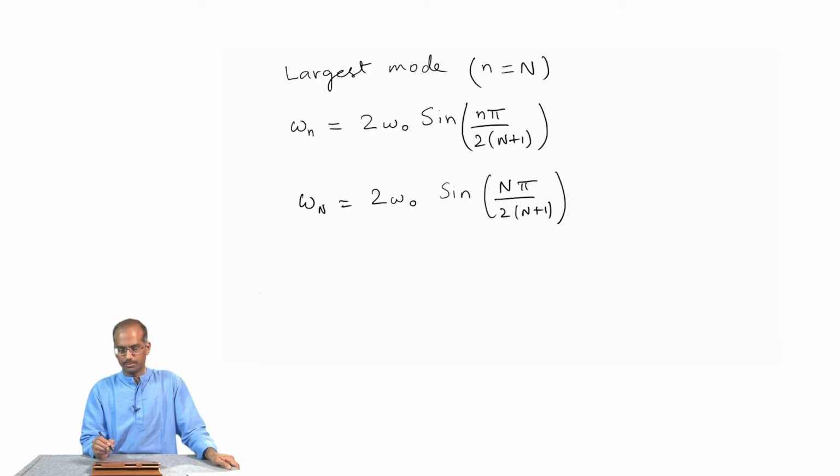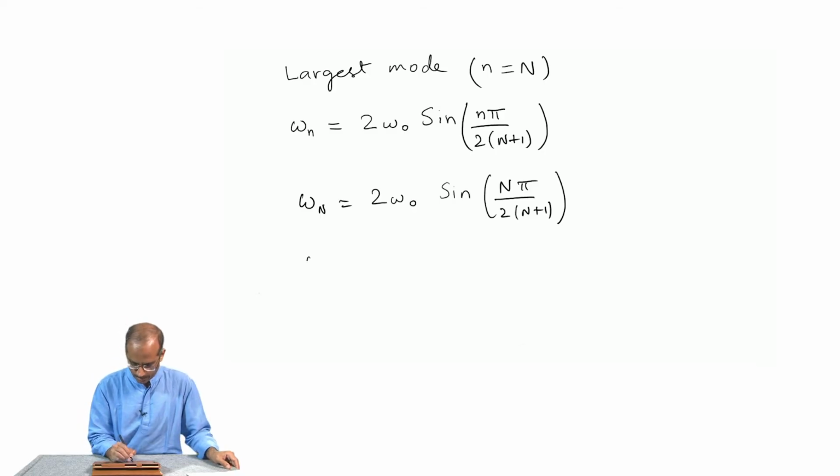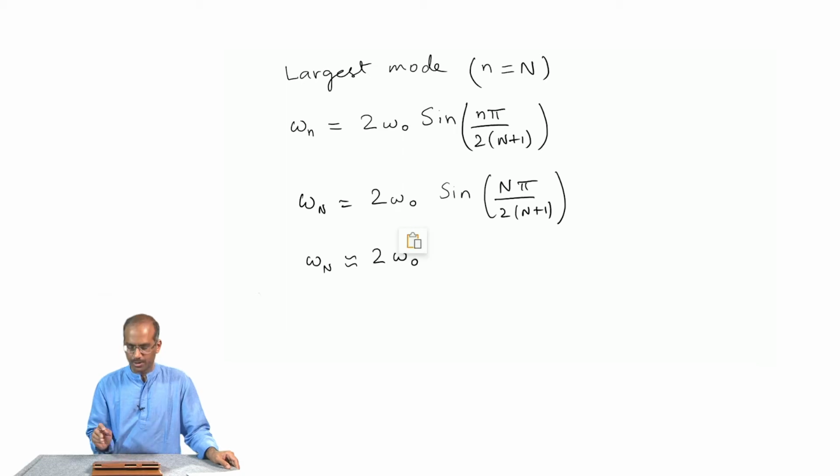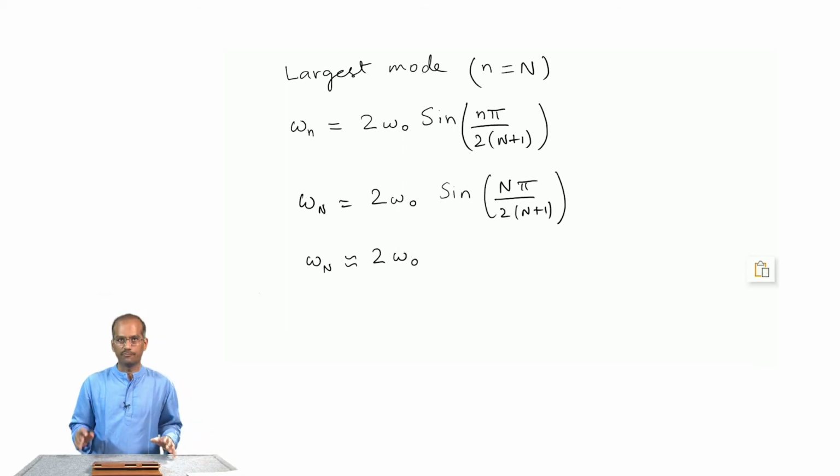So, inside this term it will be sin pi by 2, which is 1, hence omega n is approximately equal to 2 omega 0. This is the largest frequency that will be supported by the coupled oscillator system that we are considering.